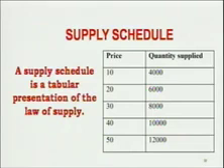Now for example, say 10 rupees. At 10 rupees, people supply 4,000 units. But when the price goes up, say to 50 rupees, people would prefer to sell 12,000. So see the difference between the demand schedule and the supply schedule. In a supply schedule, they move in the same direction.